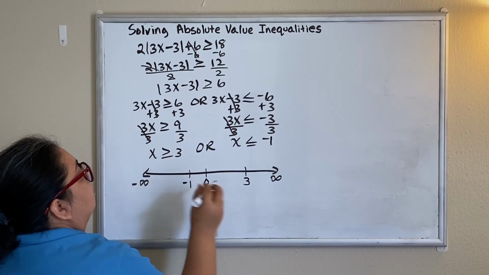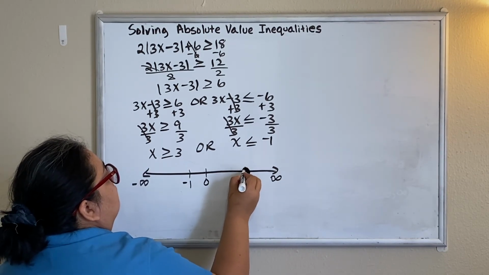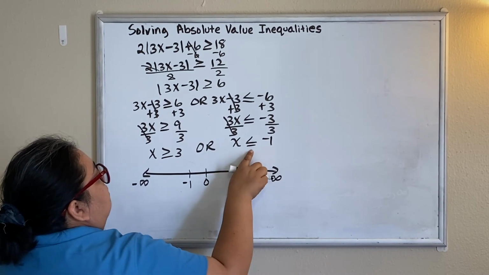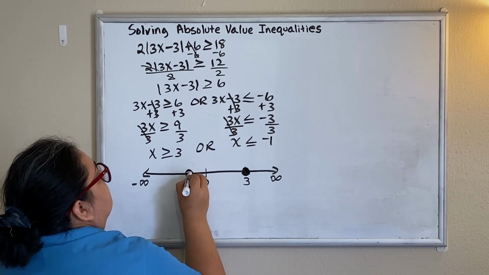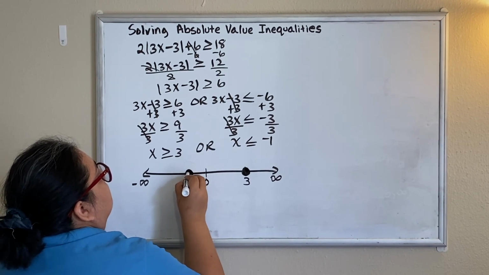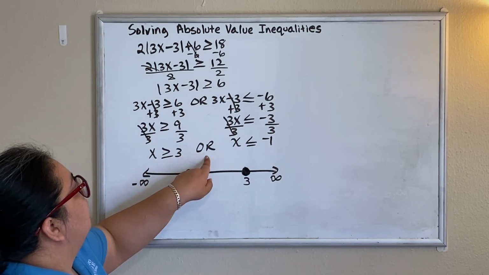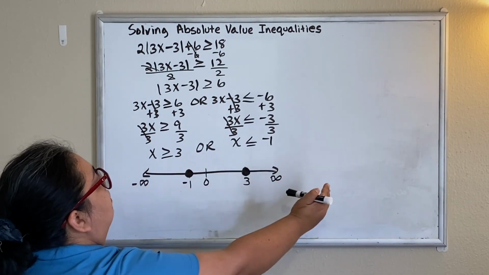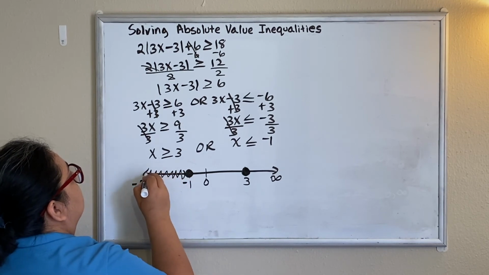The equal to part lets me know that this is closed. This also has an or equal to. This is less than or equal to. So this is going to be closed. Now, this is an or statement, so we're going to shade on the outside. So let's shade the outside here.